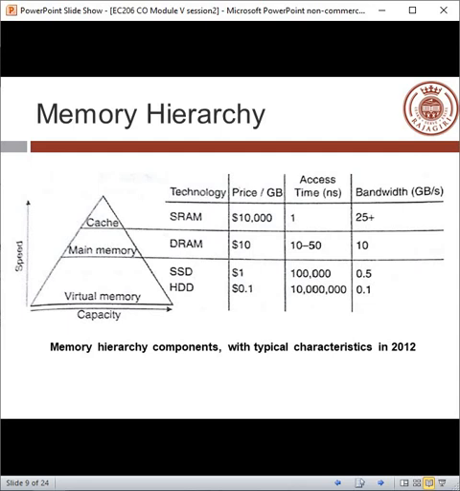And the bottom of the hierarchy is virtual memory, which consists of hard disk. It has high storage capacity, but speed is very low. And cost-wise, cache is expensive, main memory moderate, and virtual memory cheap.